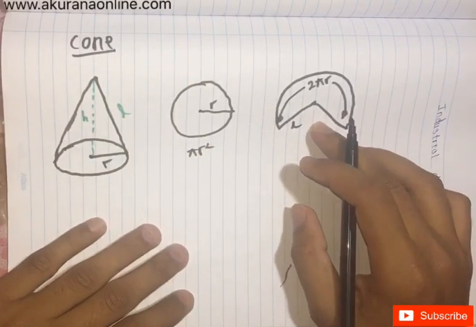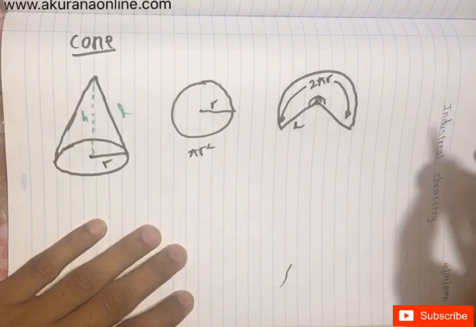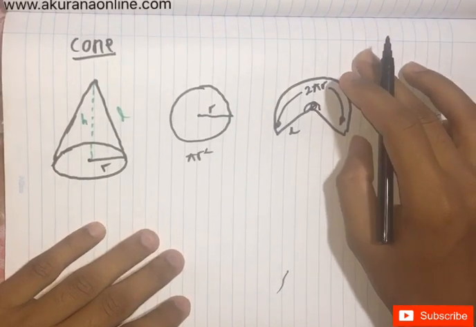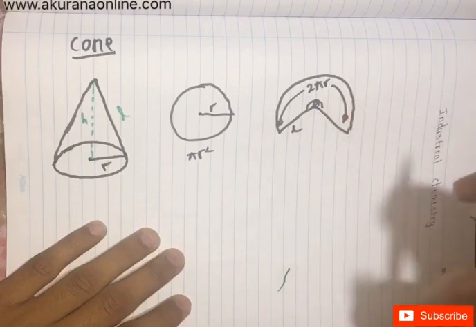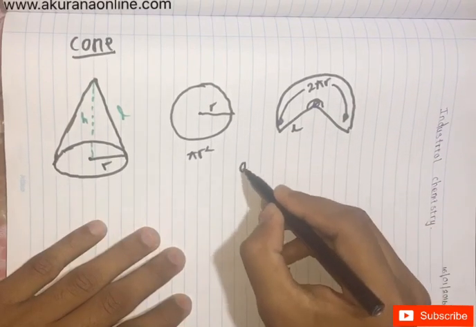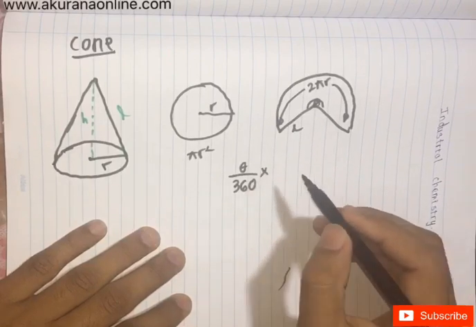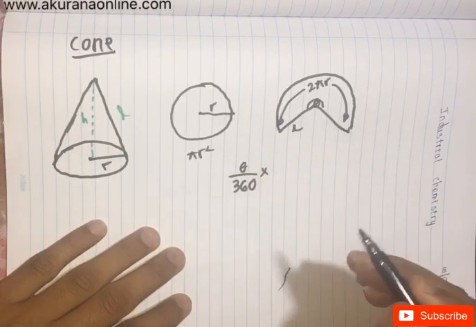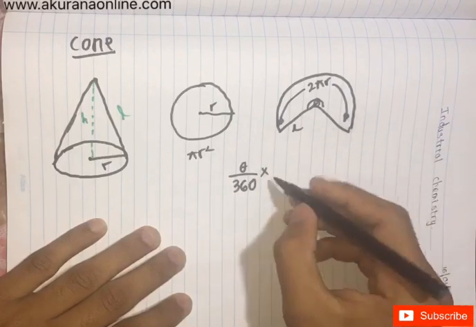Now there should be an angle also, no? Theta. You have already studied how to find the length of an arc of a sector. How do you find it? Theta over 360 into 2 pi r. So this arc length is equal to 2 pi r.